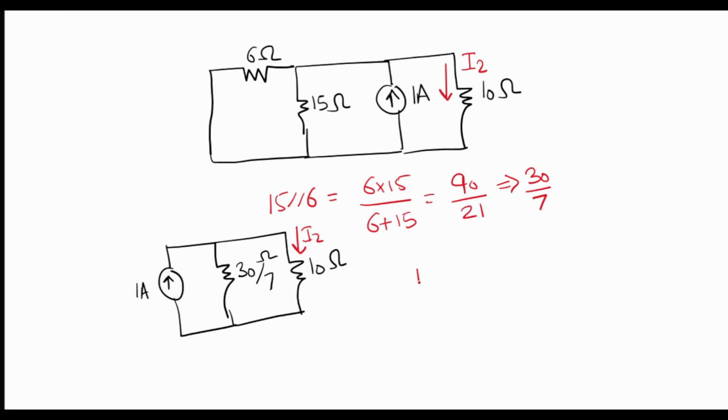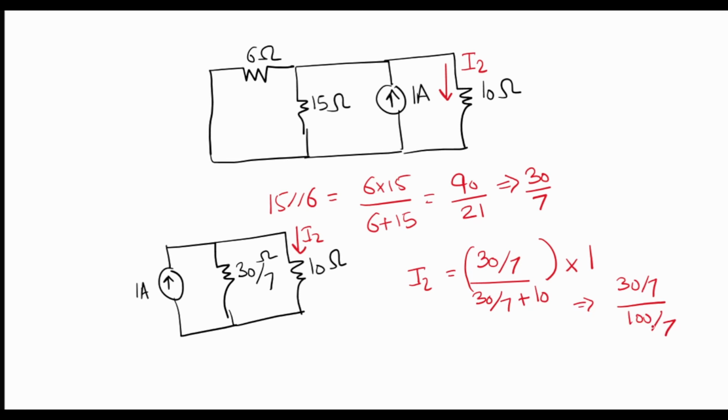Again, applying current division like before, the current through the 10 ohm resistor would be equal to the current in the other branch divided by 30 by 7 plus 10, into 1. So this would become 30 by 7 divided by 100 divided by 7, which comes out as 0.3 ampere.